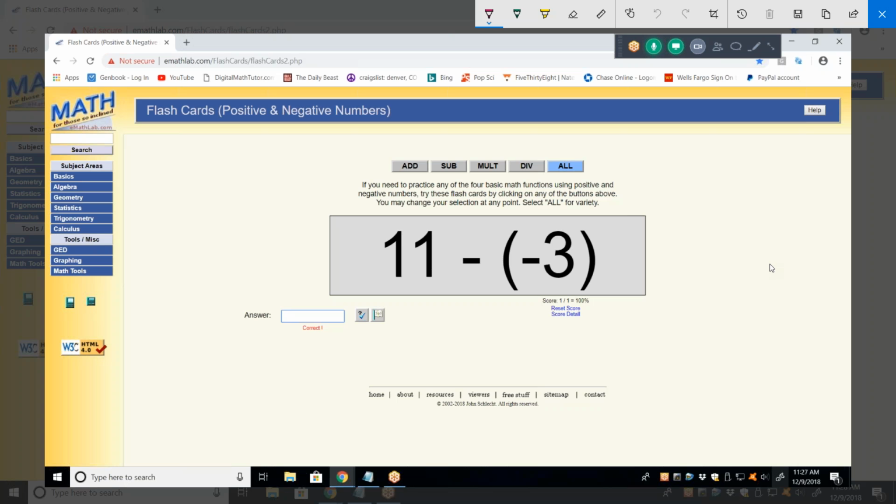These are all two-step problems. I don't want you to try to do it in one step. I want you to have a pencil and paper in front of you, if you have to, and do this in the following way. First, change it to an addition problem. And because I did that, I have to change the sign on what was being subtracted. So now I have 11 plus a positive 3. What is that? 14. Okay, that's the way you need to do them.